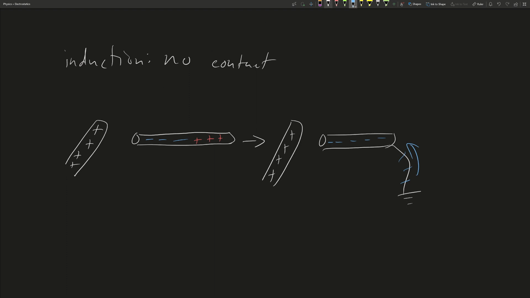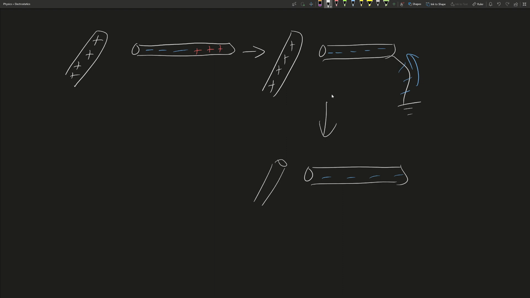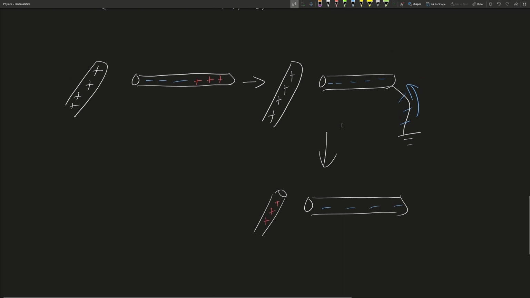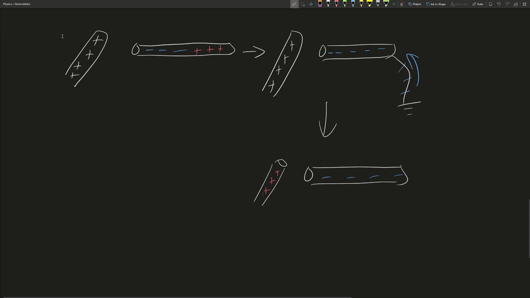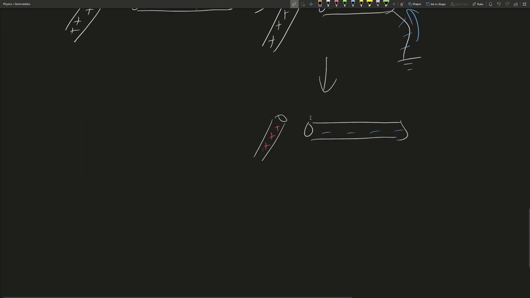And then when you remove this connection from Earth, you'll have a negatively charged pipe, even though there hasn't been contact between this copper pipe and this positively charged rod. So this is what charging by induction can look like, where there's no contact between the two charged objects, but you can still induce a charge on one of them, even though you're not directly touching it.